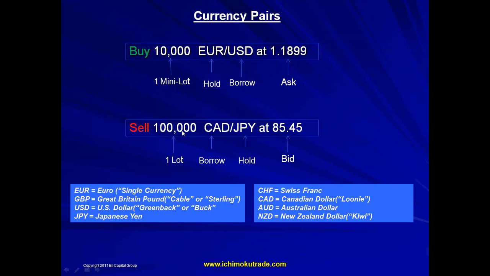Remember, this is 10 lots, so every pip is worth $10. If this goes to 85.00, it moves down 45 pips. And remember, I'm trying to sell, so I'm betting on this thing going down. So if it goes down 45 pips, I just made 45 pips. 1 pip is equivalent to $10, so I basically made $450 off this.